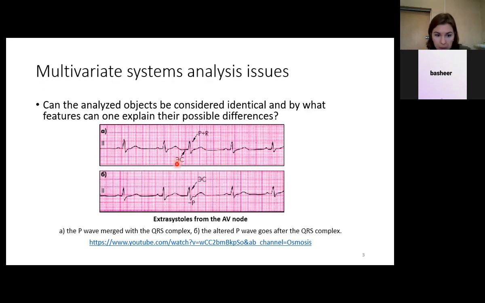Also, we may see that in this complex the P wave merges with the QRS complex. P is the wave before the main wave. This small wave merges with the QRS complex, so we don't see it here.